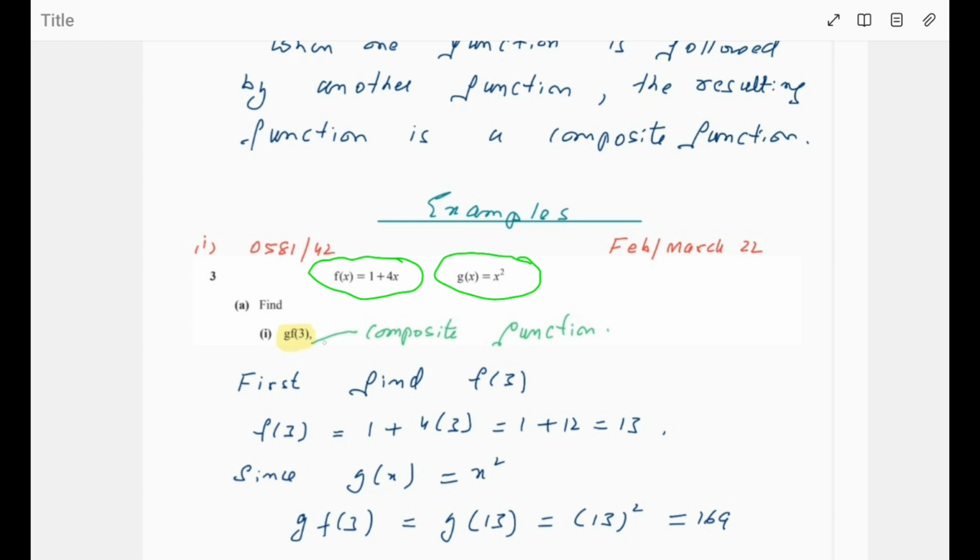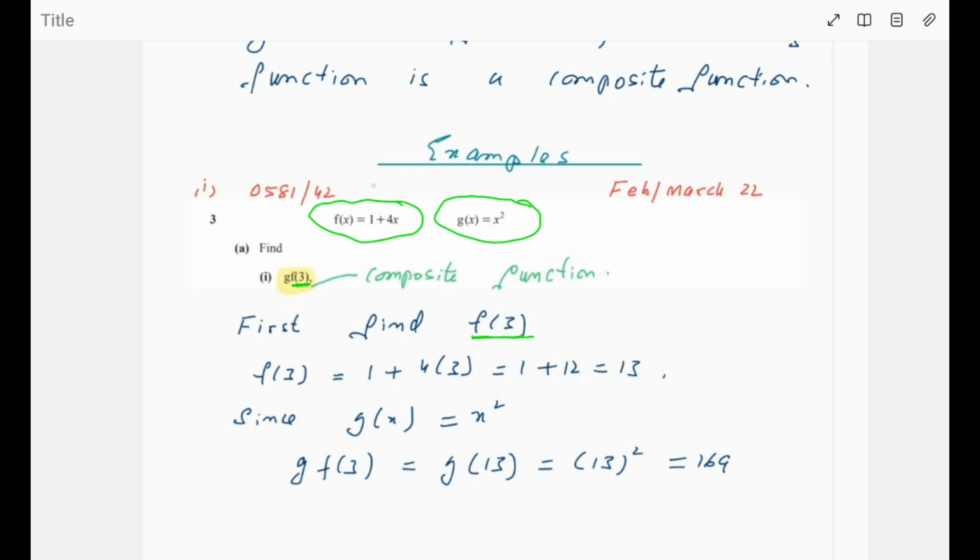Now gf(3) is a composite function because you can see two functions, g and f. So in order to solve, you first solve f(3). You will start from the right hand side. f(3) is like plugging 3 in place of x in f(x). When I do so, I'll get 13.